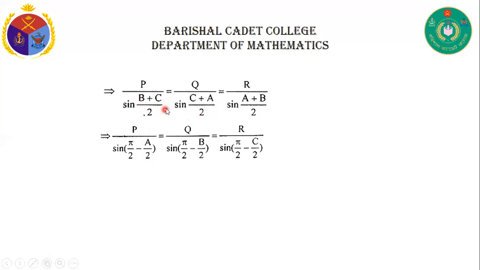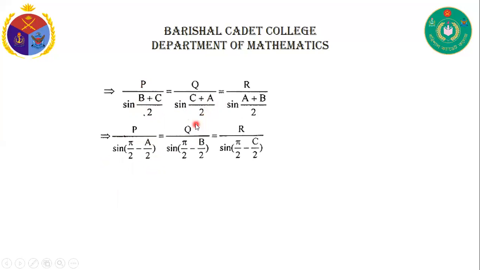Now, that formula I previously mentioned from class 10: you know that A plus B plus C equals 180 degrees. That means (A plus B plus C) divided by 2 equals 90 degrees. So (B plus C) divided by 2 equals pi by 2 minus A by 2.